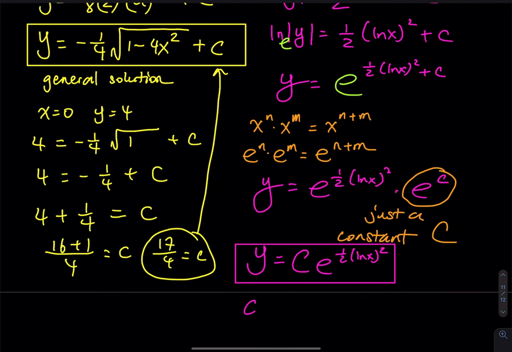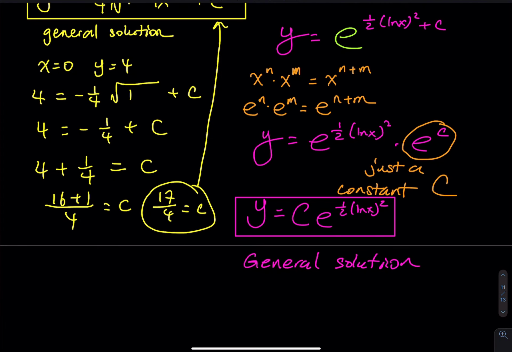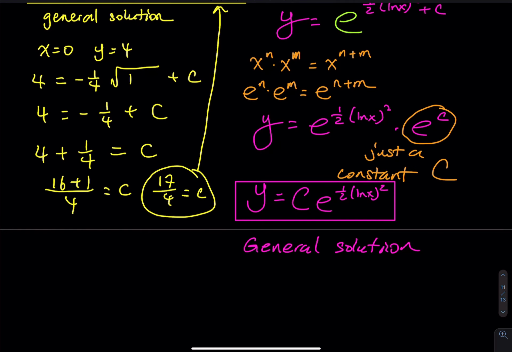So this is called the general solution of the differential equation. What if you want to find a particular solution? Then you have to use an initial value. Then the problem has to give you an initial value or initial condition. So it's very simple.